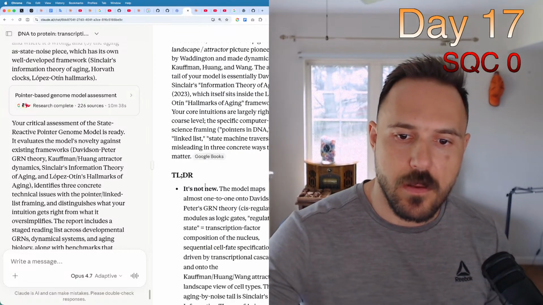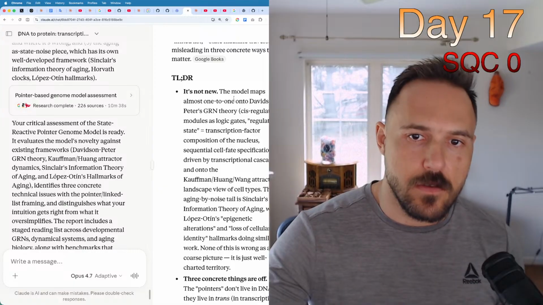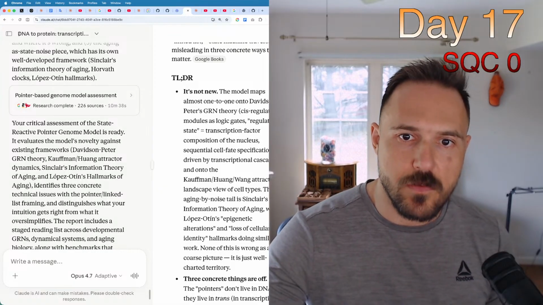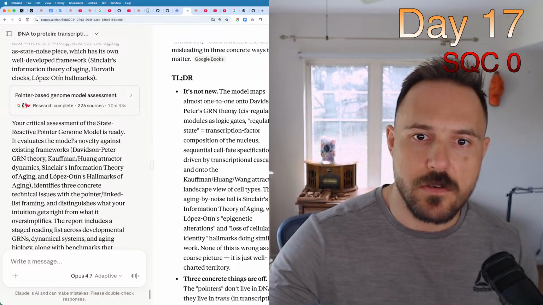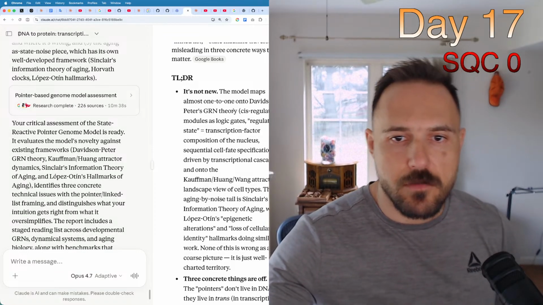I'm wondering. It's not new. The model was mapped almost one-to-one into Davidson and Peter's theory. How can I read this theory?